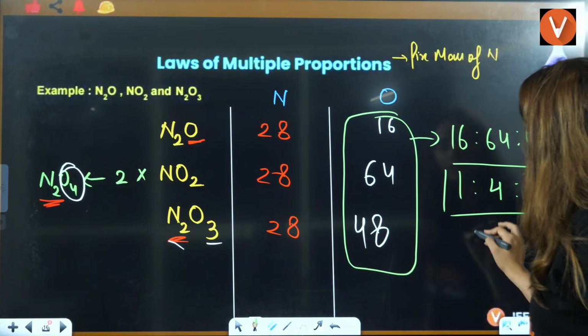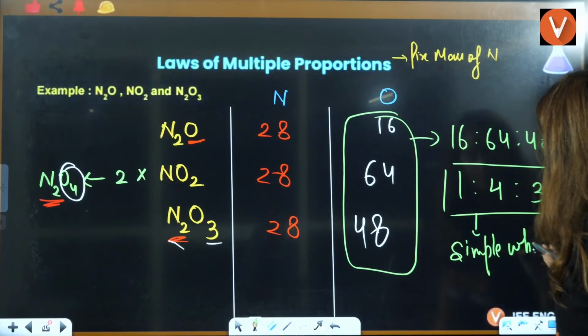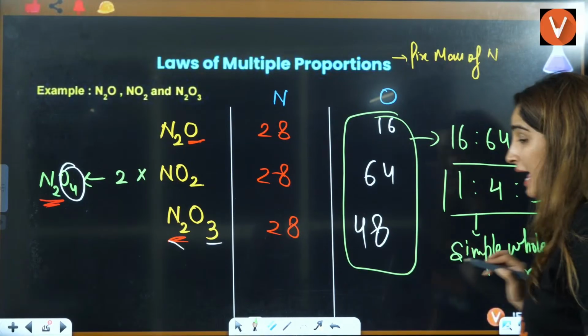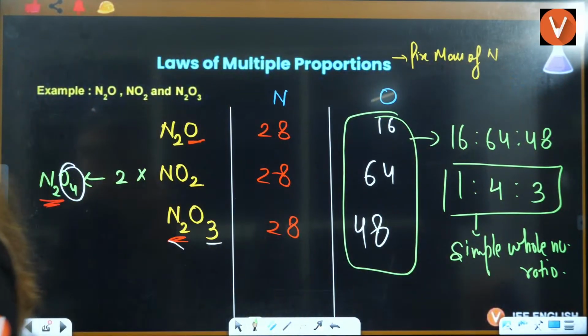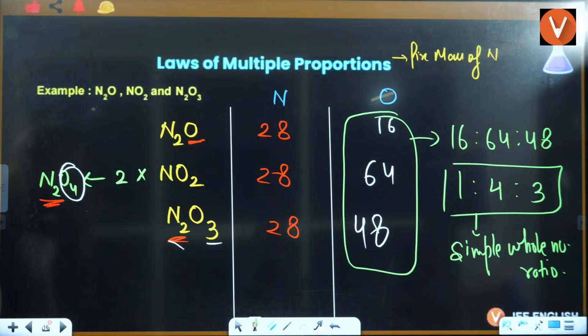That is the simple whole number ratio, another example of this. Okay students, clear everybody? Any doubt here? 1 ratio 4 ratio 3 is the correct answer.